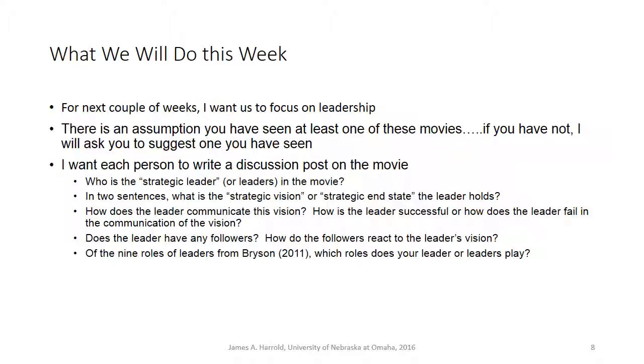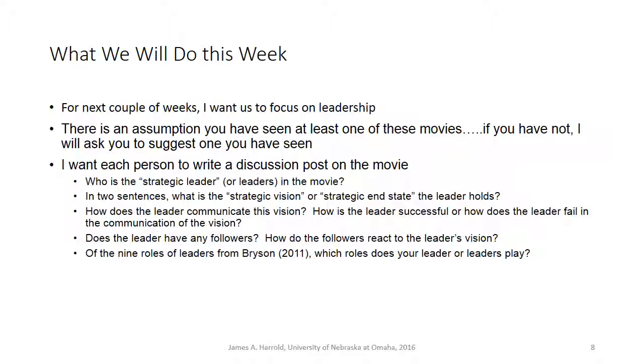And so I think when we talk about leaders, it's a very useful touchstone for all of us to refer to and think through how a movie reflects the things we've been talking about in this strategic planning class. So again, that's the entire discussion project this week, and I'm looking forward to a lively discussion.